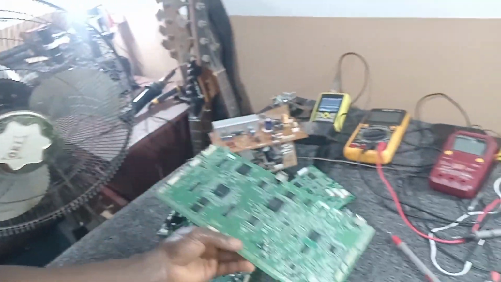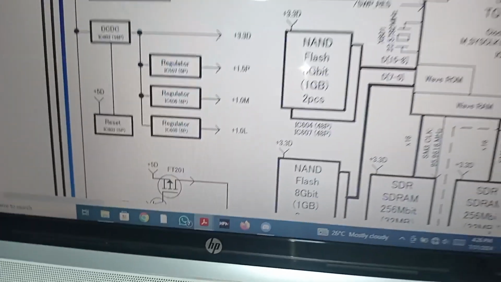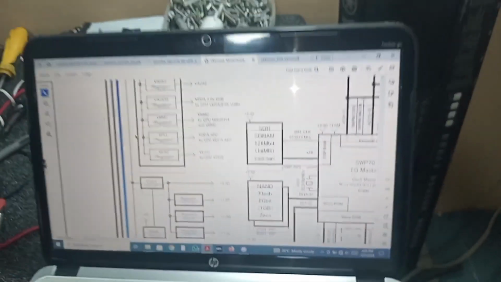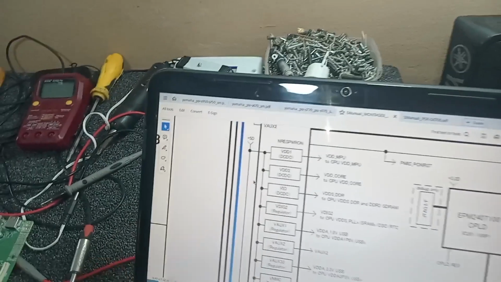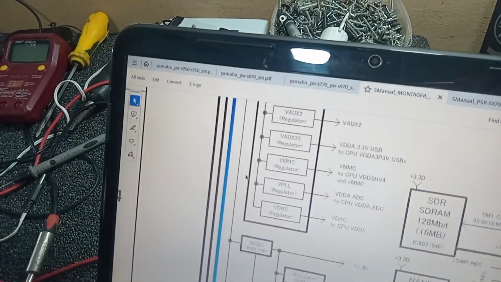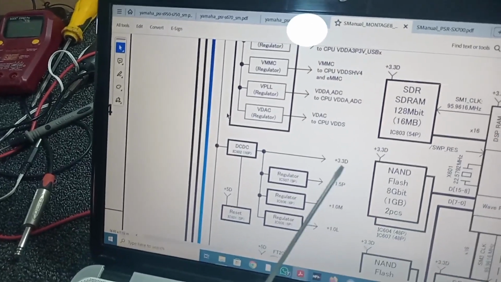I want us to go into the manual and see what it does here. So this is the DC to DC converter. So we can see it is 5 volts that is actually coming to it. This is the 5 volts that is coming from the power panel. Then this converter will convert the 5 volts and turn it to 3.3 volts.